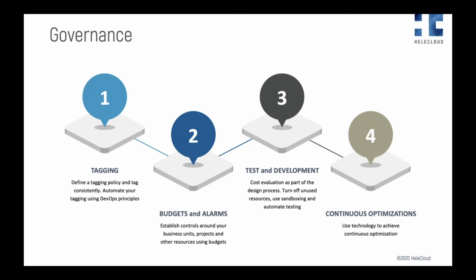So cost for the cloud should be considered upfront during your design process in test and development. And typically, if you were running on premises, you would have done this. But as soon as you move to the cloud, it seems that that kind of cost control doesn't matter anymore, but that's not true.